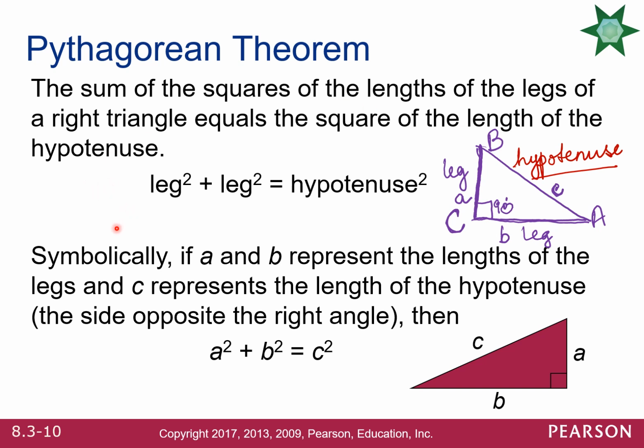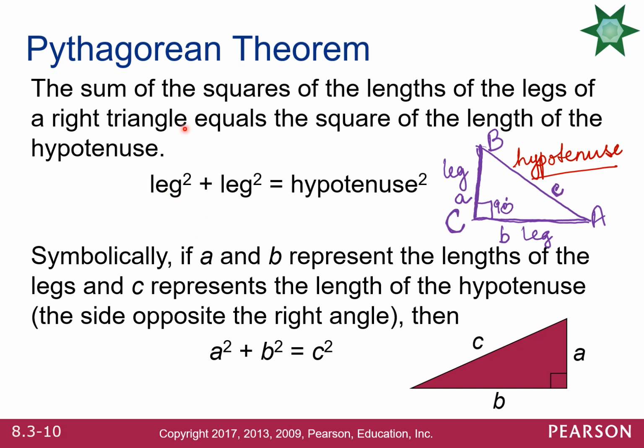In other words, if you take the square of one of the legs and to it you add the squared measure of the other leg, then that will equal the square of the hypotenuse. All right, so that is the formula.